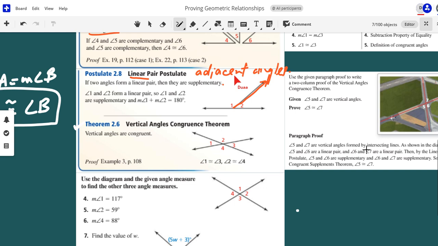Now you can easily see that I'm just giving you a reasoning for that postulate: the total angle of the line is 180, right? And we divided that 180 degrees into two parts, angle 1 and angle 2.